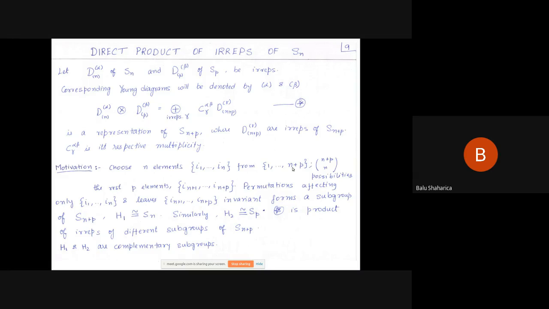So there are (n+p) C n possibilities of selecting these n indices, and hence these p indices as well.